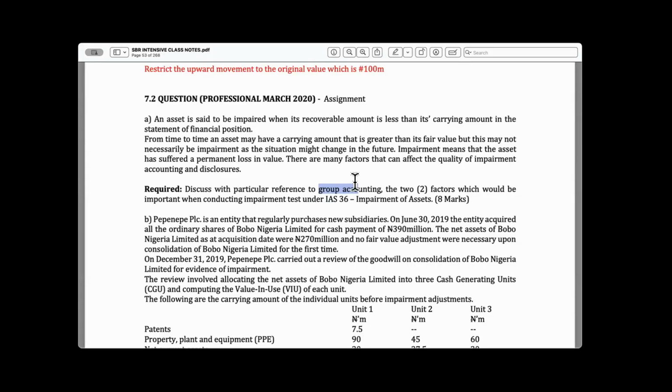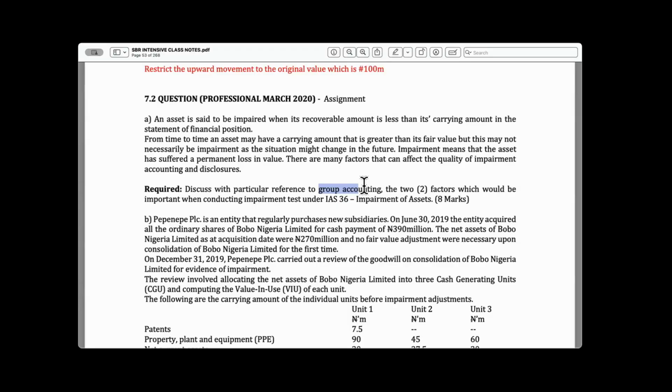But if you are using a revaluation model to get your carrying amount, it will be fair value minus subsequent accumulated depreciation minus accumulated impairment losses for the parent and the subsidiary. You also need to explain recoverable amount being the higher of net realizable value and value in use.